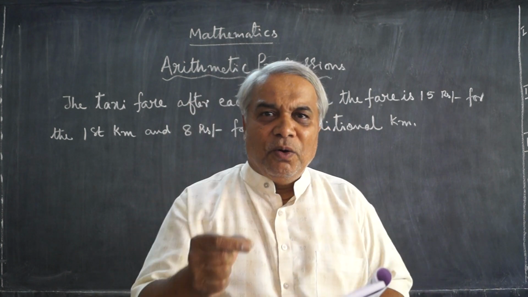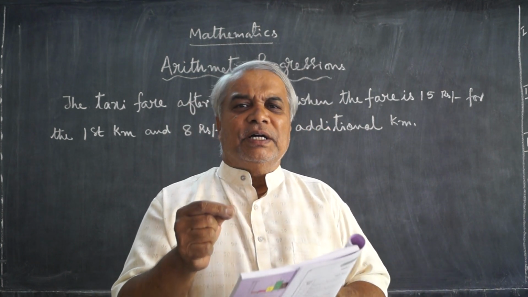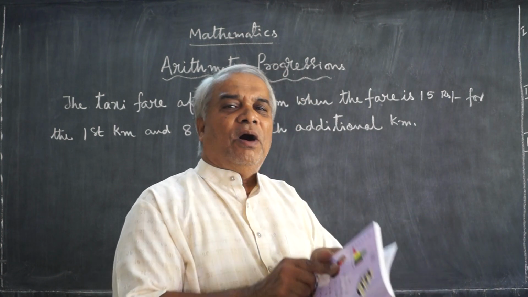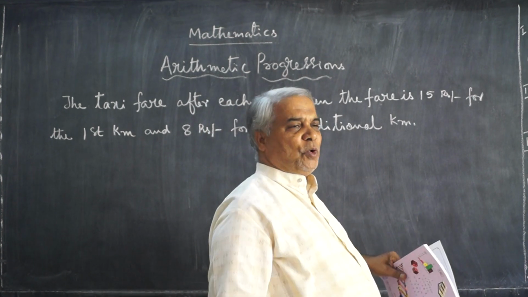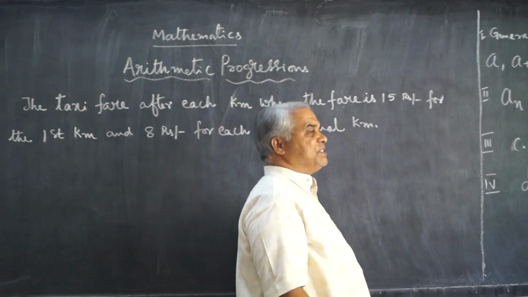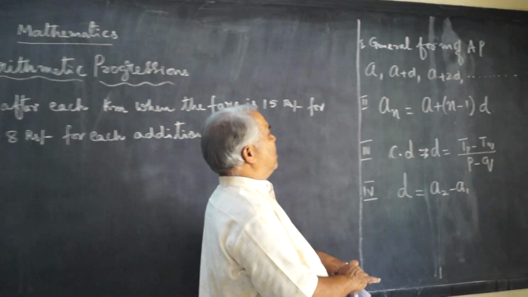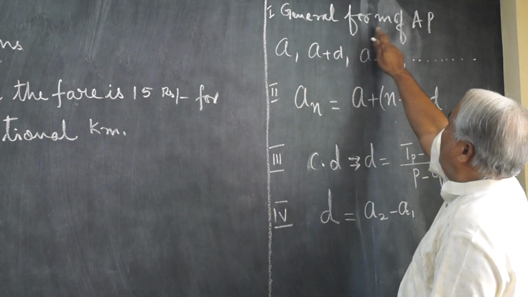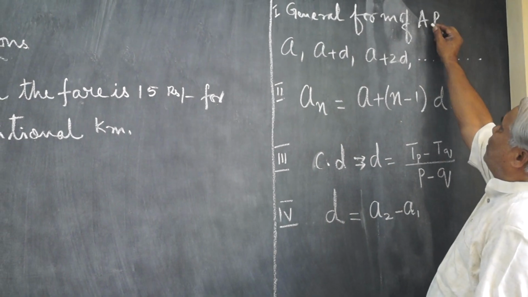So now let us go directly to write the general form of an arithmetic progression. Now children, you can see the general form of an arithmetic progression.